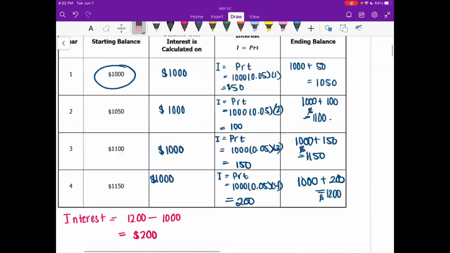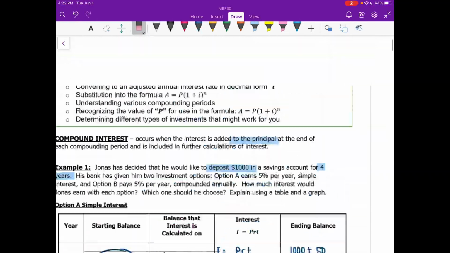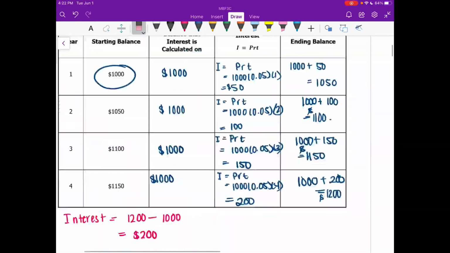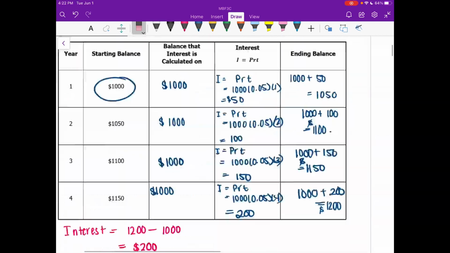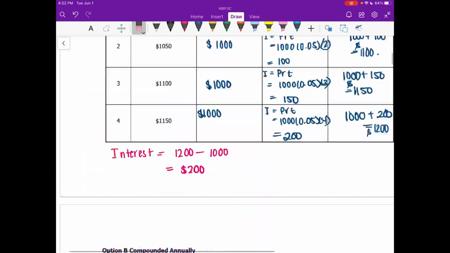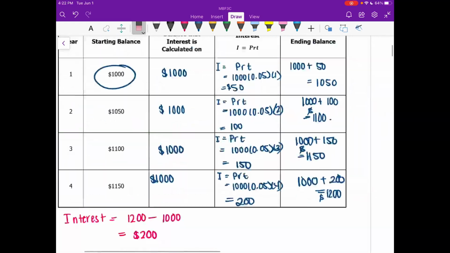Moving on, what's the value of n if a loan is compounded quarterly for 5 years? If I look at my chart, quarterly means n is equal to the number of years times 4.